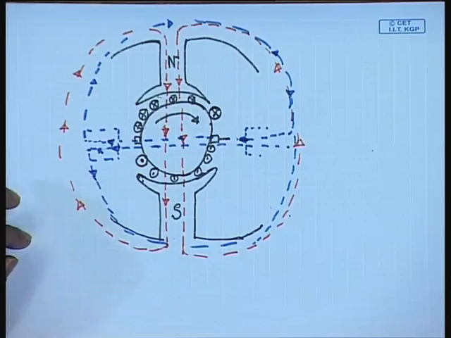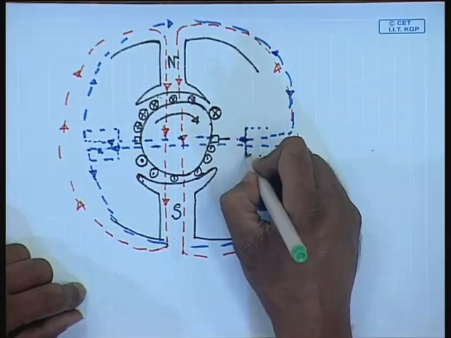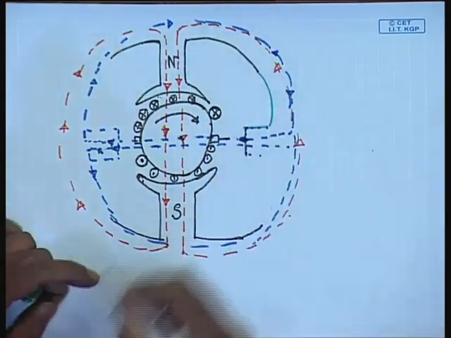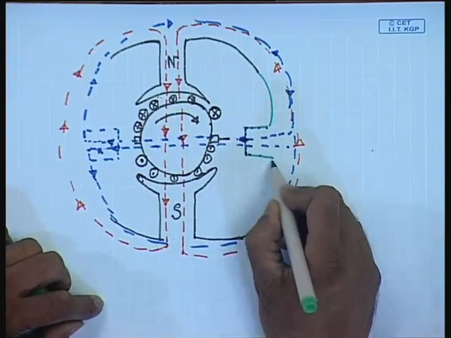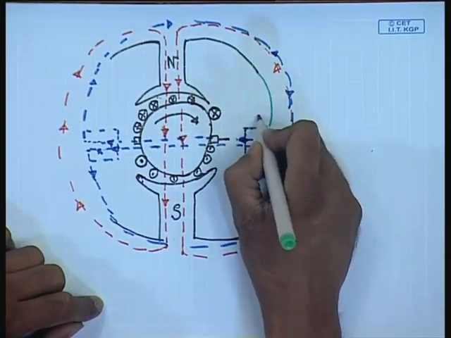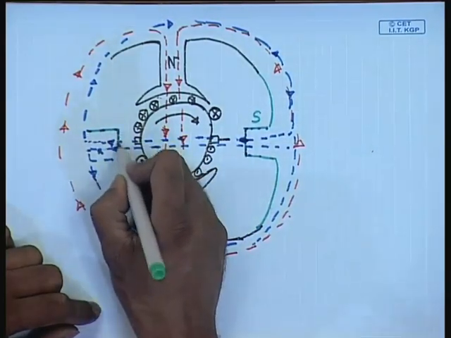So, if we want to cancel this flux, then in the interpolar region we can put an actual south pole, that is this south pole, and a north pole here.